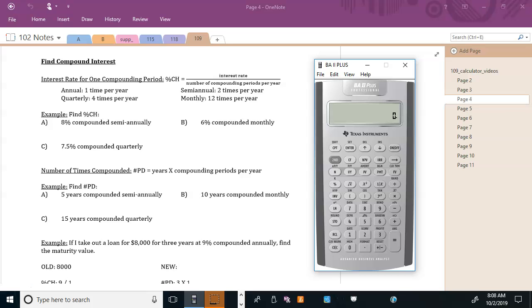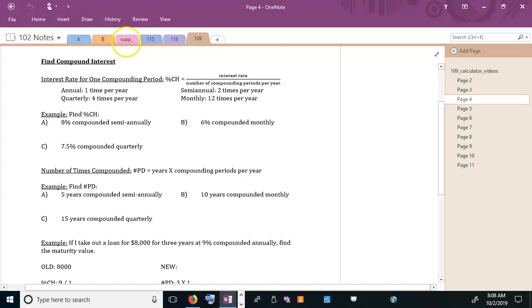So if I've got 8% compounded semi-annually, that means I'm going to take 8, divide by 2, which is 4. You'll notice I do not need to rewrite that percent as a decimal. This is something that's pre-programmed into the calculator, so the calculator will do it for me.